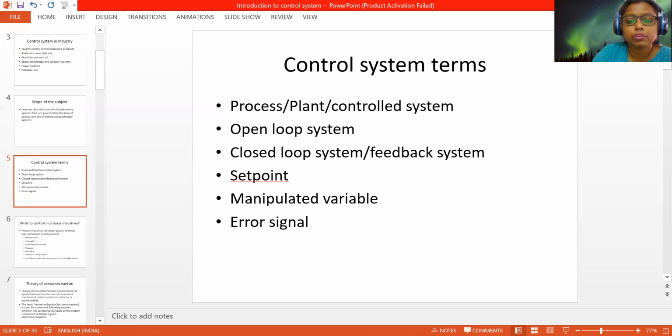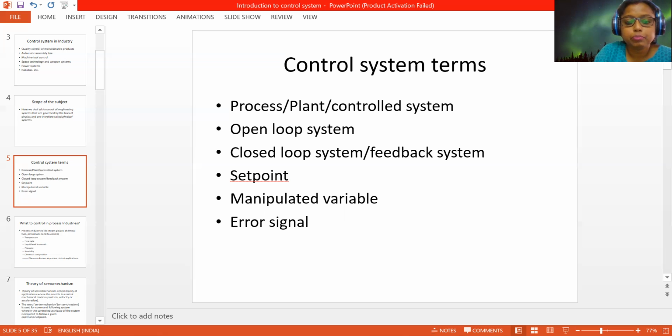This is the final control element block, or this is also known as the control valve. So this particular block diagram is known as the basic process block diagram of any kind of system which has to be controlled.